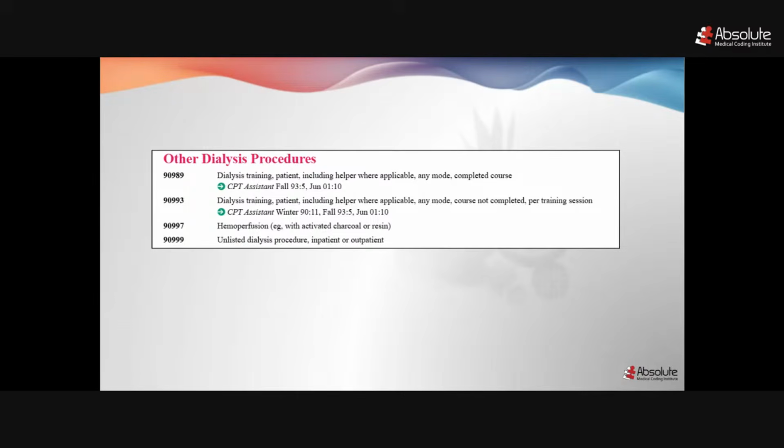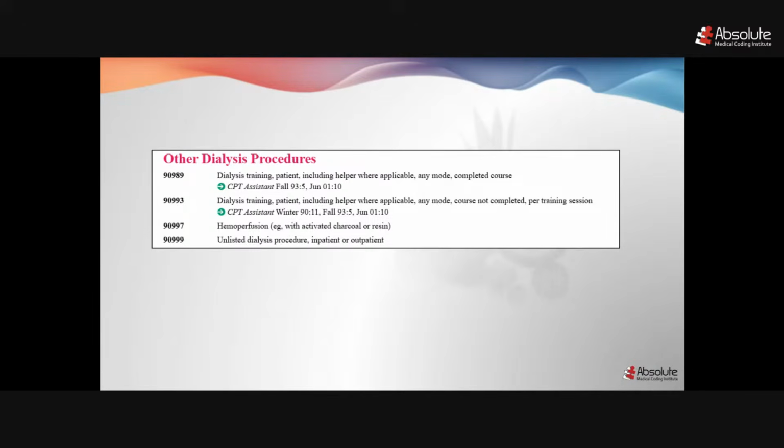Next, we have 90993. This is for dialysis training, patient and helper if applicable, any mode, course not completed, per training session. Okay, so 90993 is used when the course is not completed.